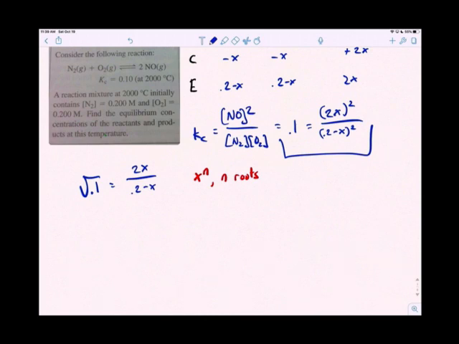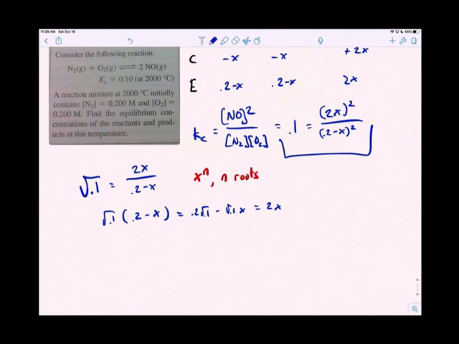Okay, so going back, we simplify the expression. So square root of 0.1 equals 2x over 0.2 minus x. Let's solve for x. So you have square root of 0.1 times the quantity 0.2 minus x, which is 0.2 square root of 0.1 minus square root of 0.1 times x, equals 2x.